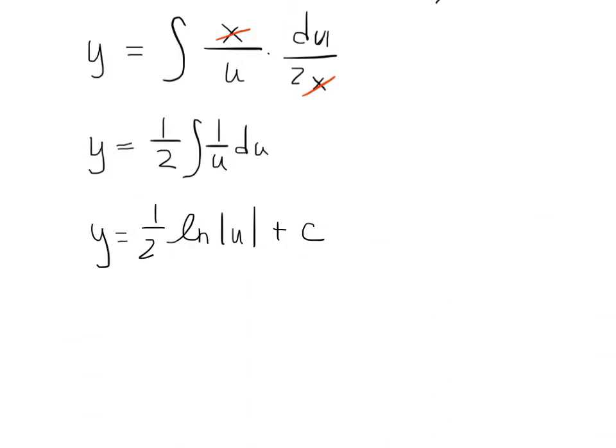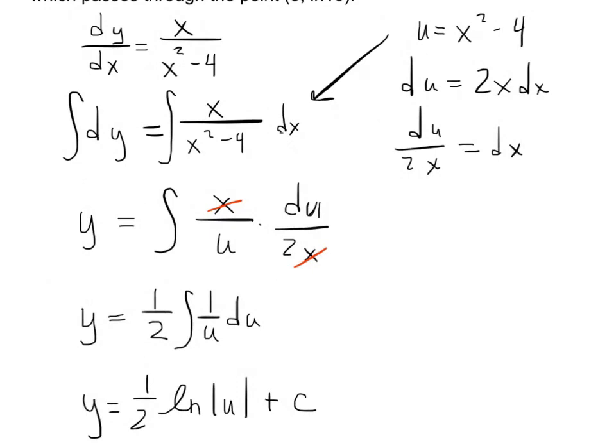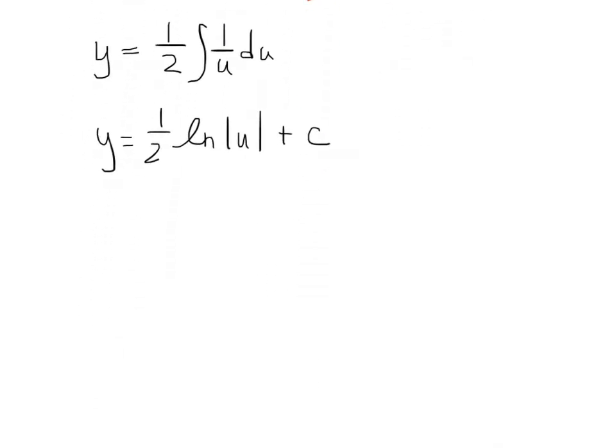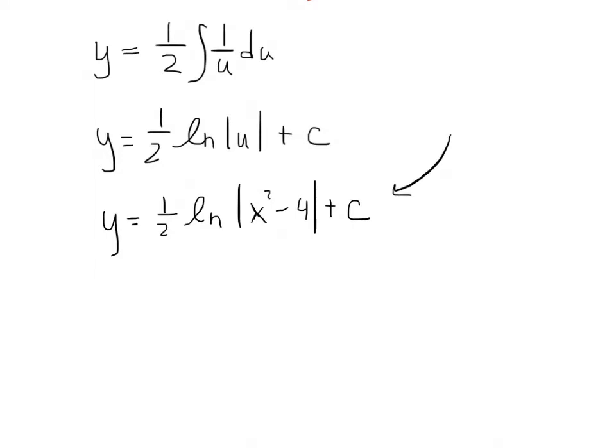All I need to do is plug u back in. From my substitution before, u was x squared minus 4, so that's what I'm going to plug back in. I now have y equals 1/2 the natural log of the absolute value of x squared minus 4 plus c. This thing here is the general solution.